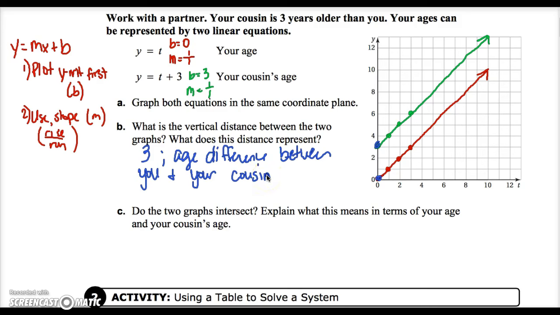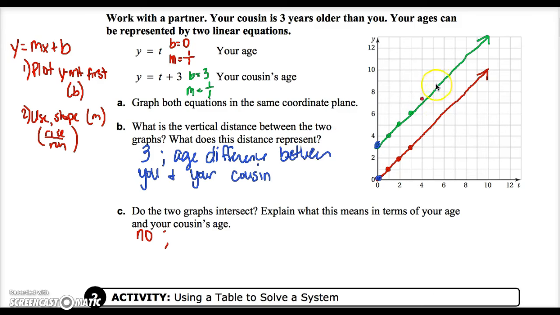Okay. Part C says, do the two graphs intersect? Okay, so if you look at your two lines, do they intersect? Will they ever intersect? No, they will not, because they are two parallel lines. And then it says, explain what this means in terms of your age and your cousin's age. Well, if those two graphs were to intersect, think about what that would mean.